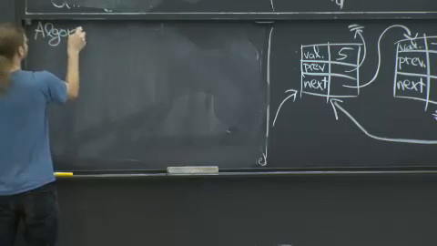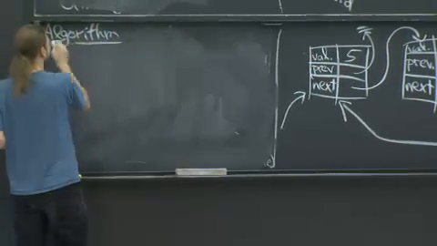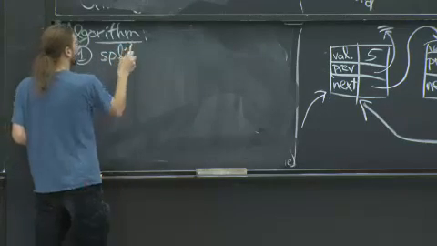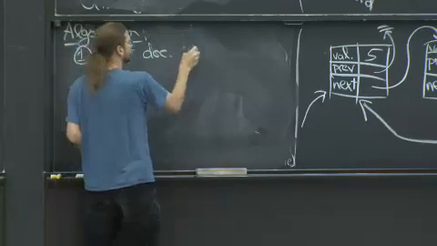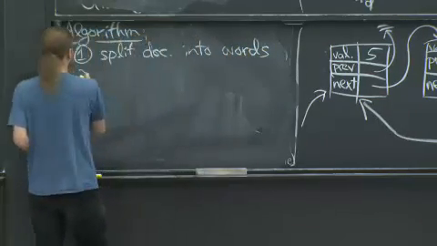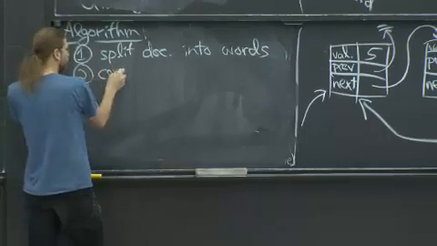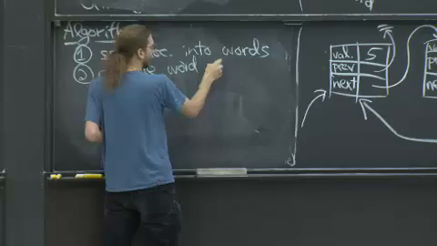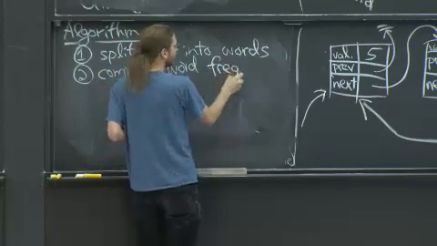So, the algorithm. One, split a document into words. Second is compute word frequencies, how many times each word appears.